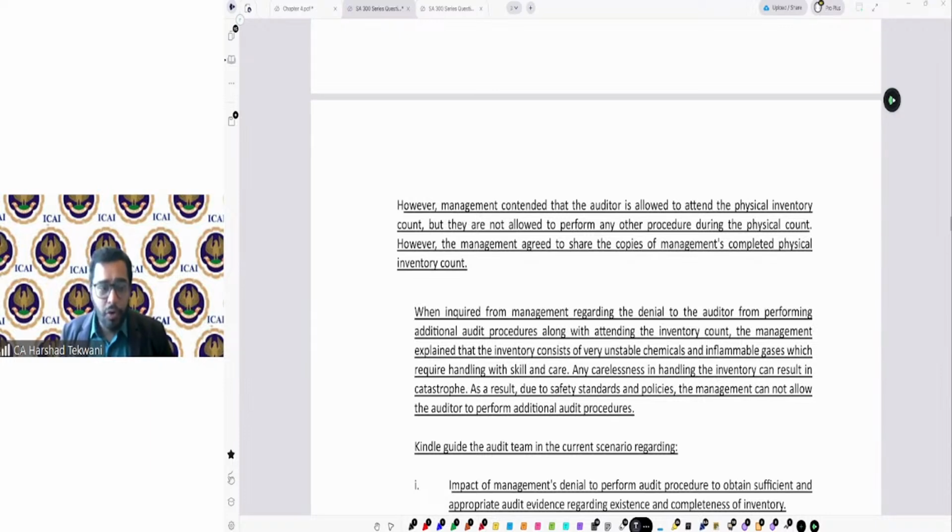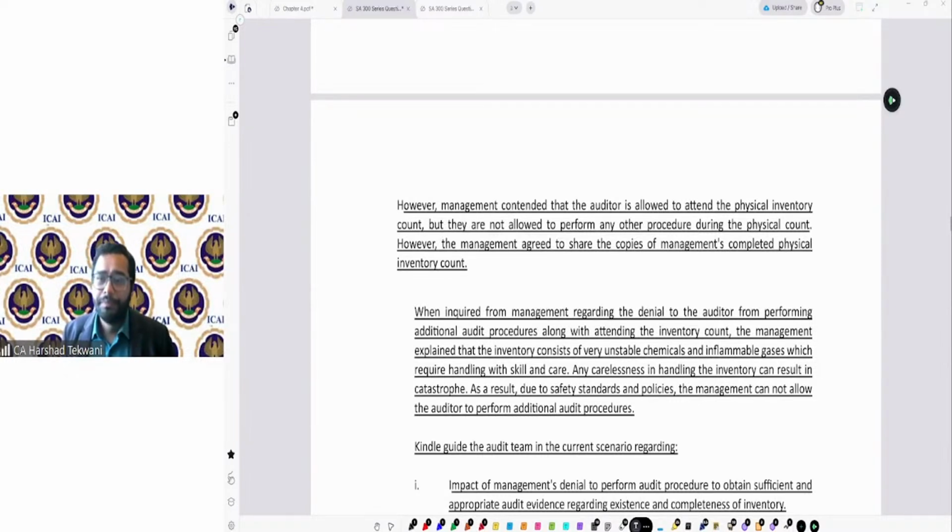Now, in this question, the auditor is not able to perform audit procedures. What will you do? Very good, Yukta. The auditor is not able to physically verify the inventory. What would you perform in place of that?